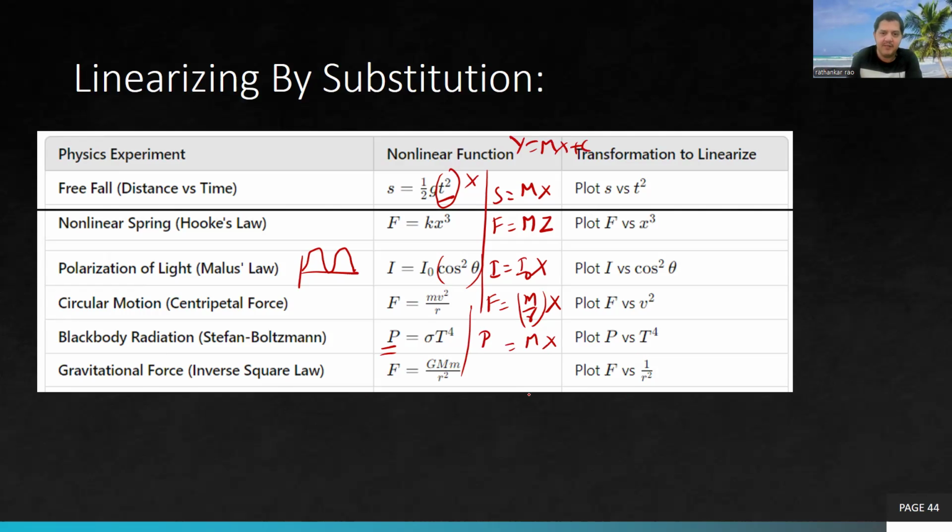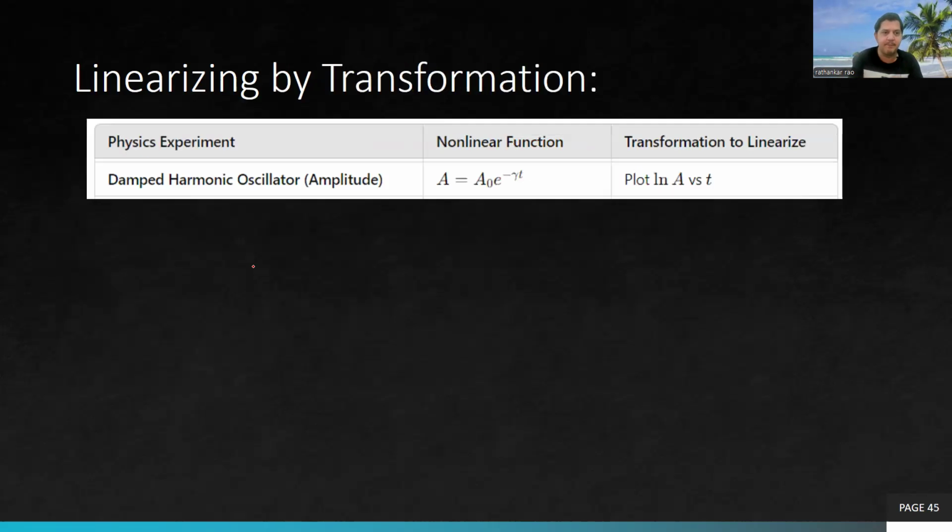So in a similar way, if you plot a graph of F versus r in this gravitational law, then you see F is equal to G M m, with M as capital M, and 1 by r squared will be your x over here, right? So like this, you are able to see how I can linearize the curved paths. This is by linearizing by substitution. But only in these kinds of functions, where you are able to break up the variable and attribute it to a linear function, is substitution possible. Not every variable. Now let me go to the next one.